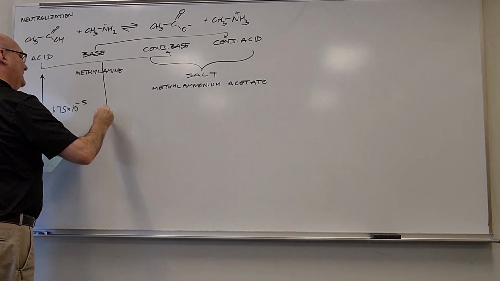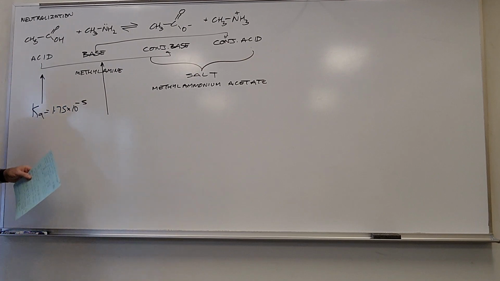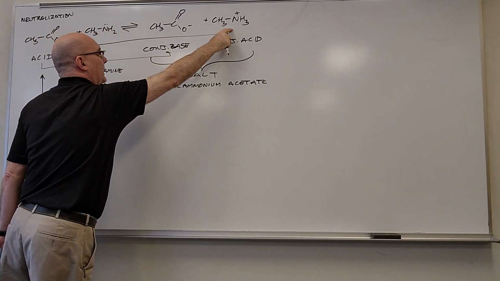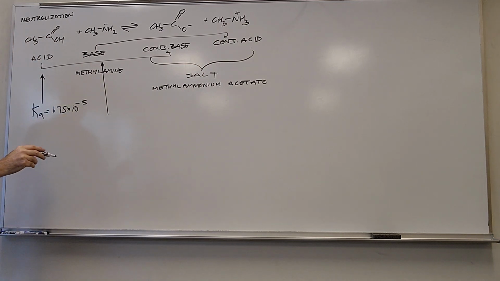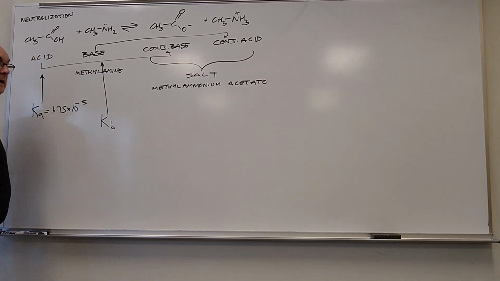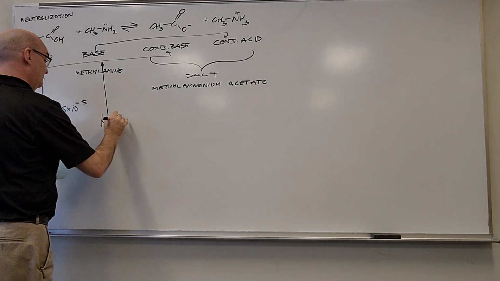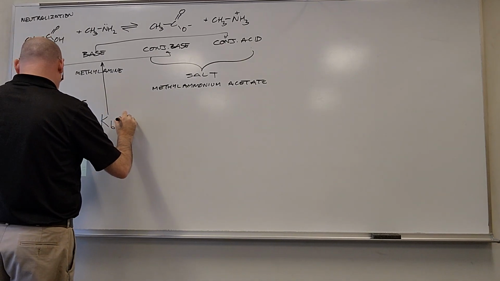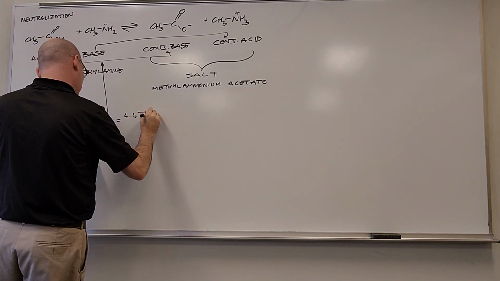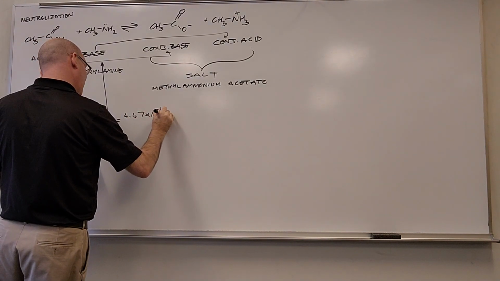That base has an equilibrium constant that describes it picking up a proton and becoming the conjugate acid. It's called Kb because it's showing us it being a base. And its value of Kb is 4.47 times 10 to the negative 4.